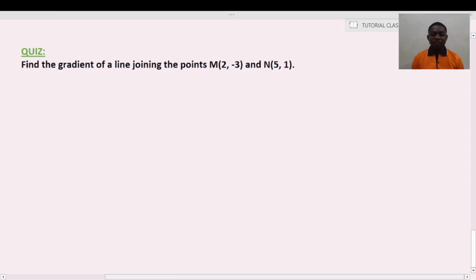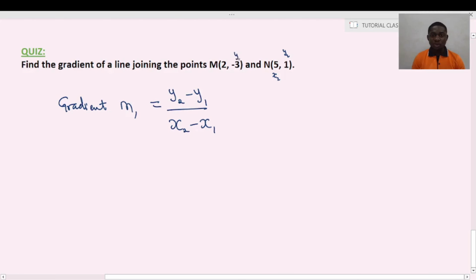Alright, if you have been able to do that, the gradient m is going to be y2 minus y1 over x2 minus x1, where this is our y2, this is our x2, this is our y1, this is our x1.